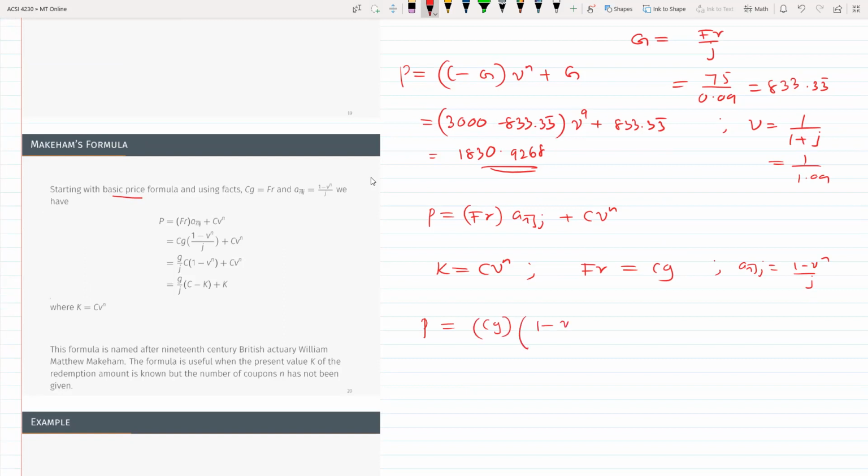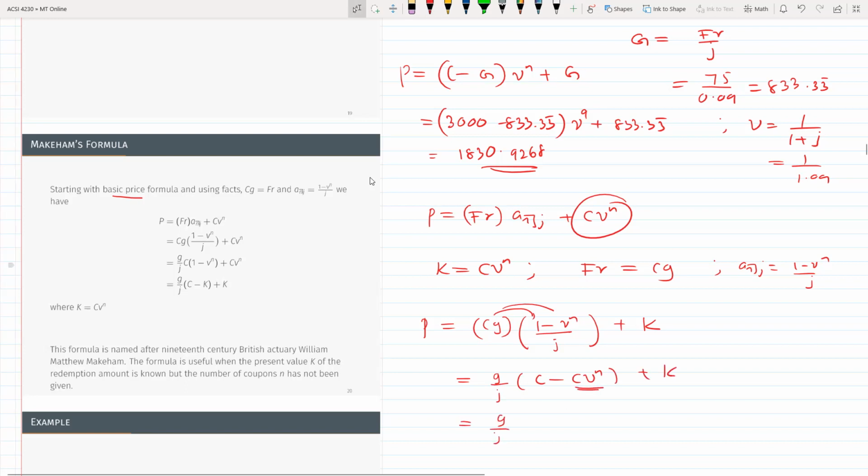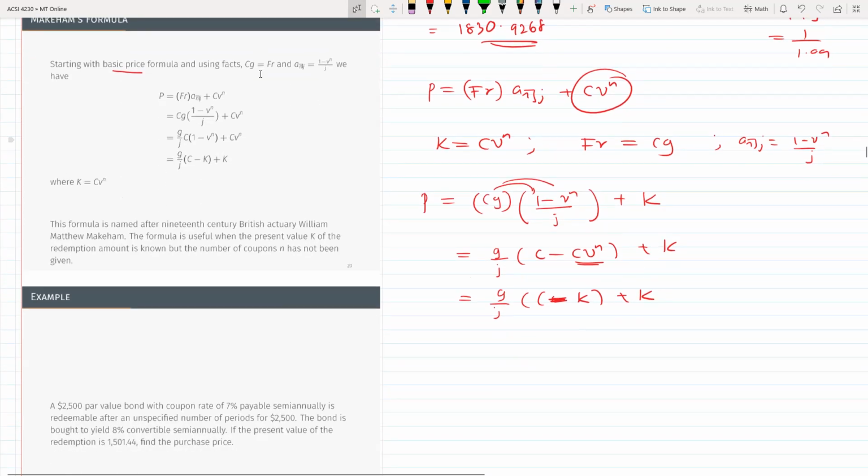A and J you can write 1 minus B and over J. And the CVN you can just write as K. So you can see, you can write G over J, and then you can multiply everything by C. So C minus CN plus K. But then again, this one you can replace by K. So that is the next formula.